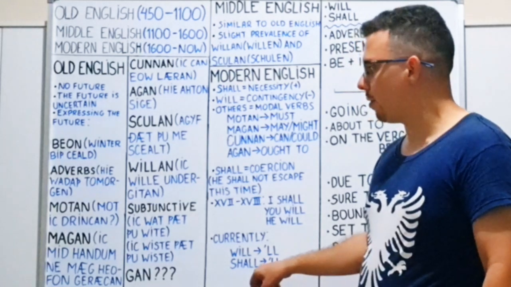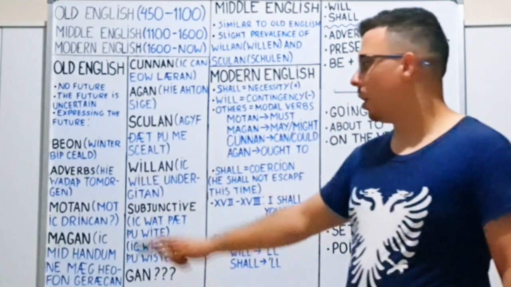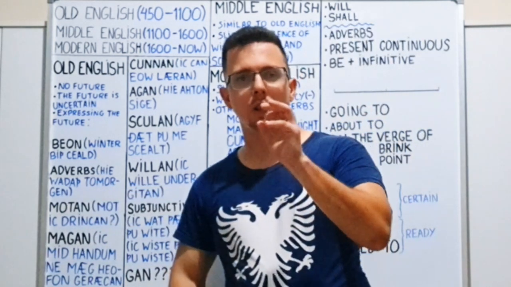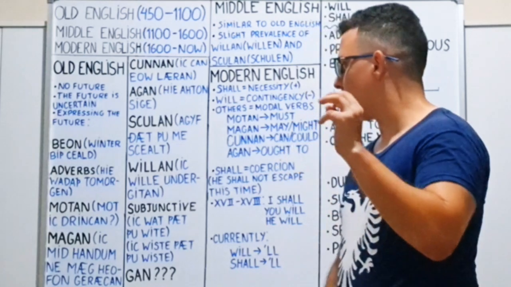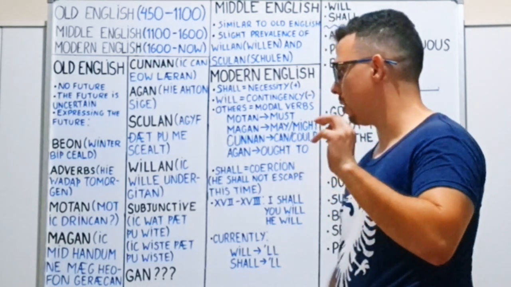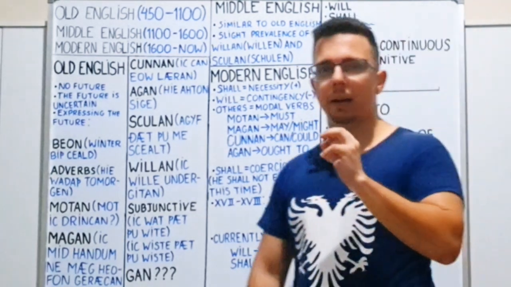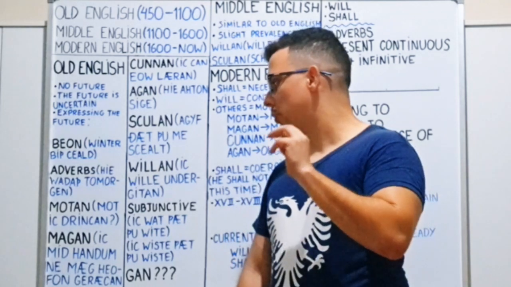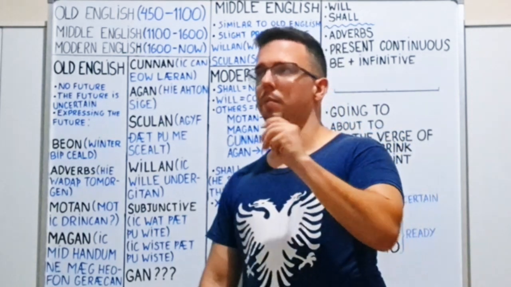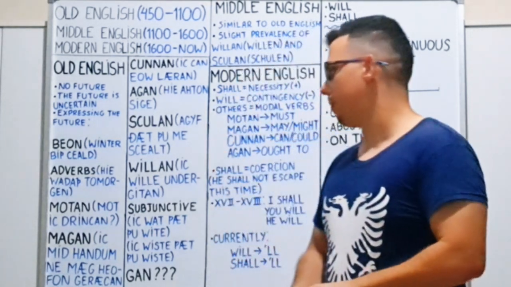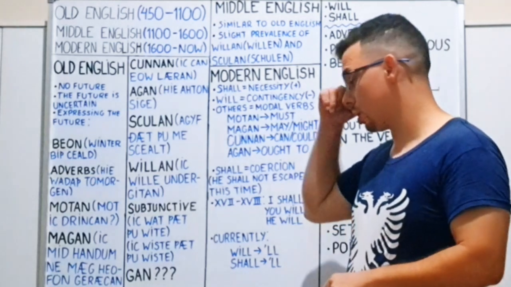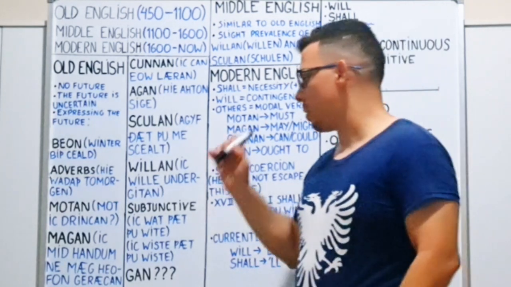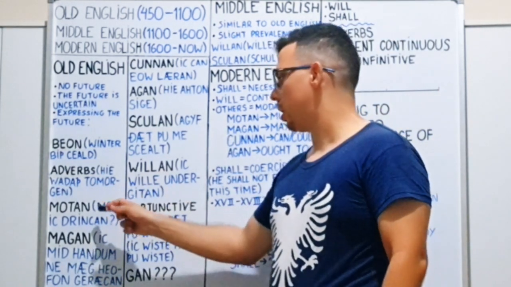And then we have motan. I know it looks and it sounds very familiar, and it sounds like must in modern English. It does sound like that, and maybe that's because this is the ancestor of must in modern English. But there was a change here.